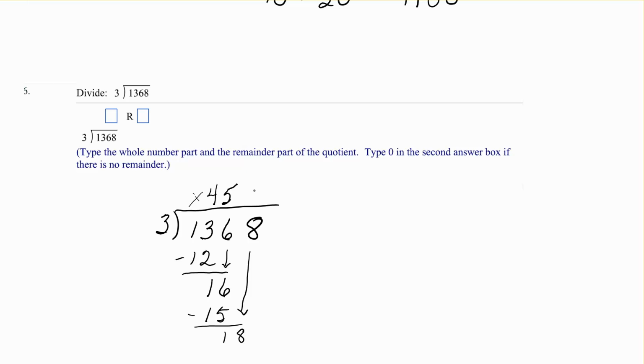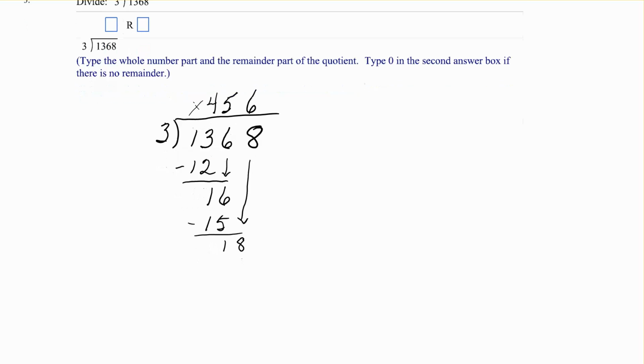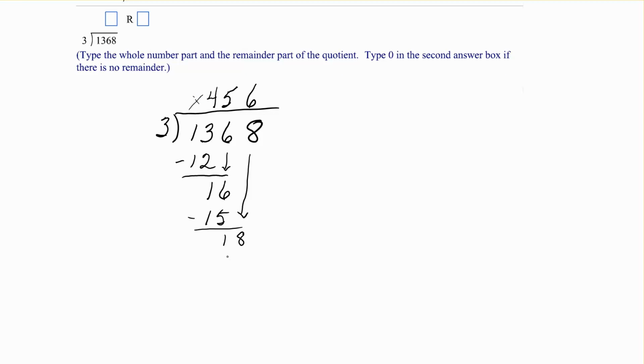And 3 goes into 18 6 times, and it turns out that 3 times 6 is exactly 18, so I have a remainder of 0. I have 456, remainder 0. So I'm going to check it with my calculator.